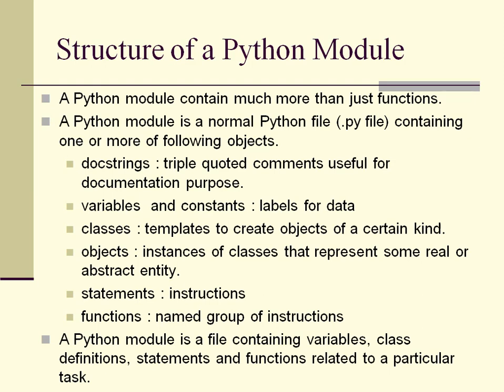What are these objects? The first one is the docstring. What is a docstring? It is a triple quoted comment useful for documentation purposes. Whenever you create a module, in the beginning you provide docstrings, so that anyone who looks at that module can know the purpose of that module, the working of those modules and other things that you want to tell that user.